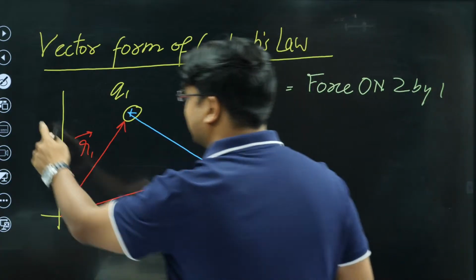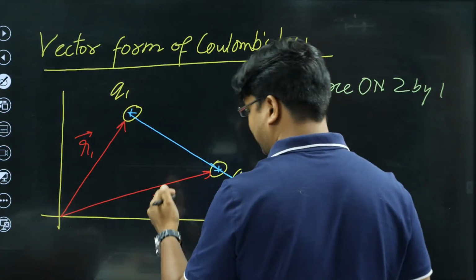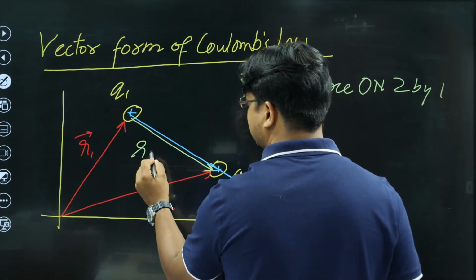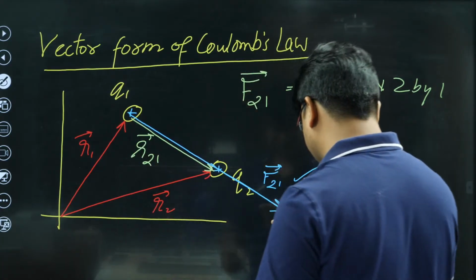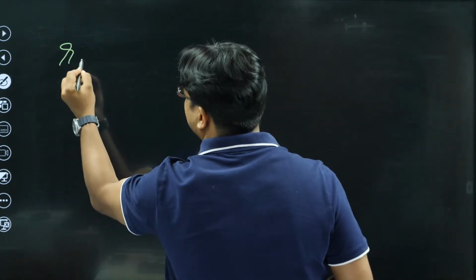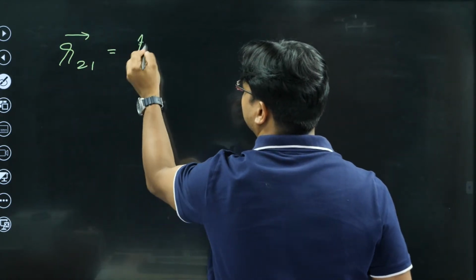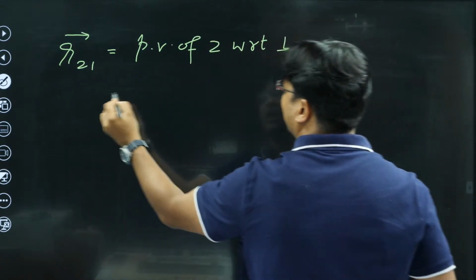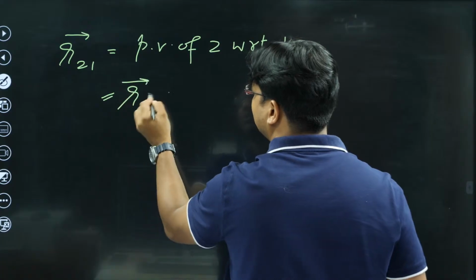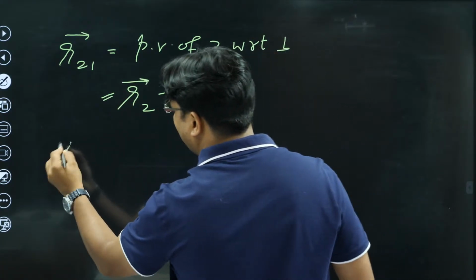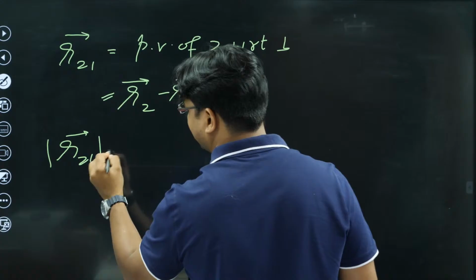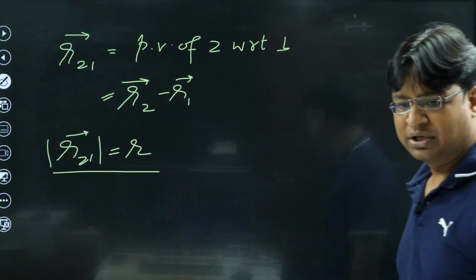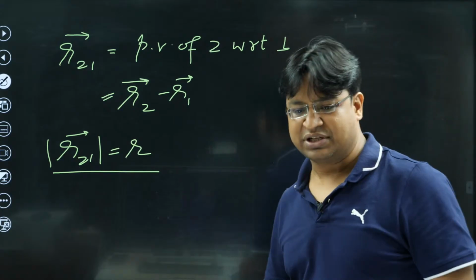Notice that if I draw a vector from the first particle towards the second particle, this is R21 vector. What is R21 now? This is the position vector of 2 with respect to 1, and it is written as R2 vector minus R1 vector, and the magnitude of this vector will become the distance between the charges.